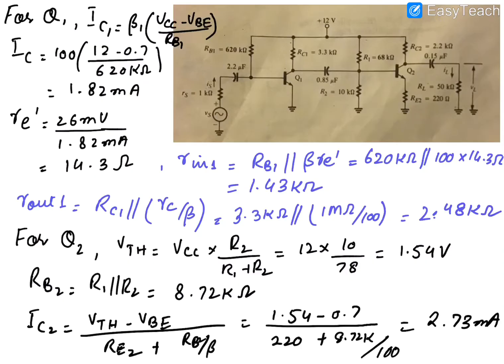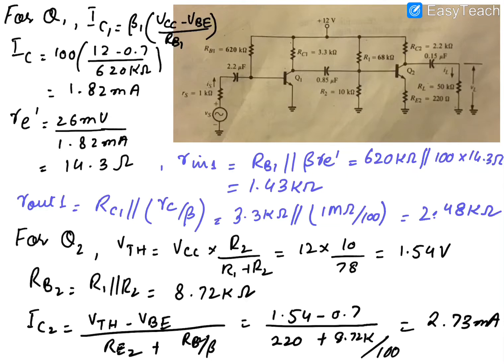So we will start with the overall voltage gain. For this, first we have to find the value of RE dash, and for this we have to find the value of collector current. IC1 for stage 1 is simply equal to beta times IB1, and IB1 is VCC minus VBE divided by RB1.